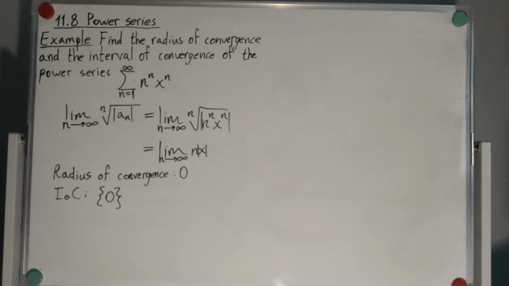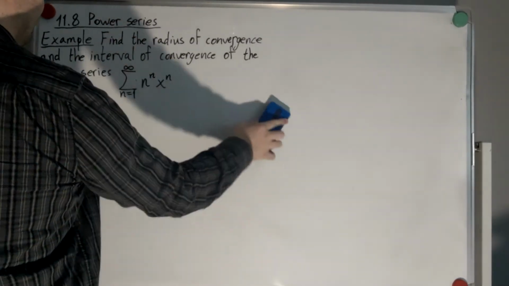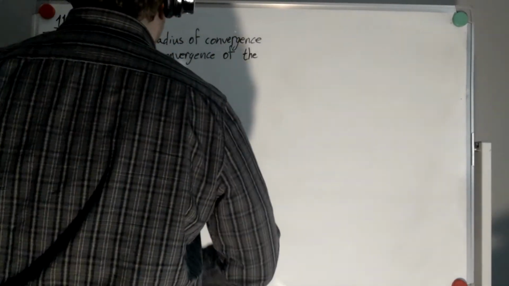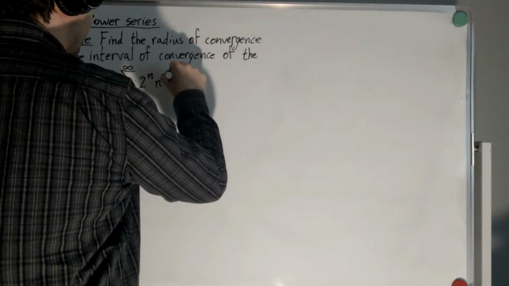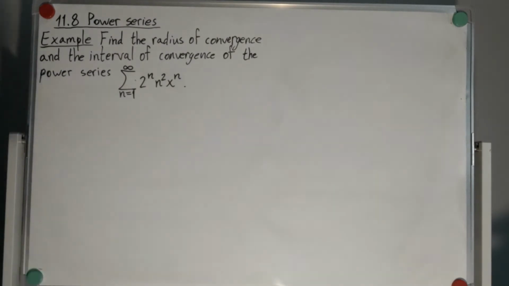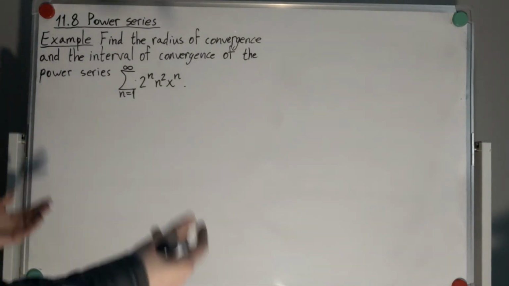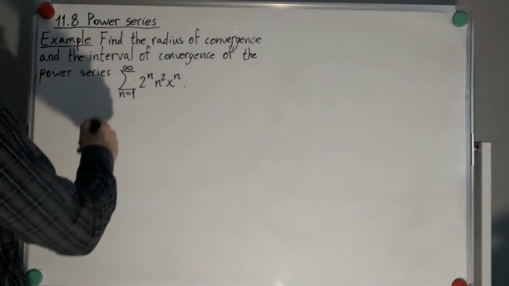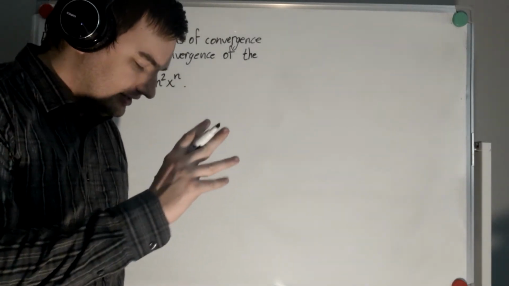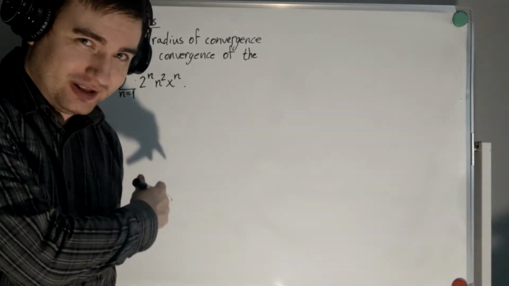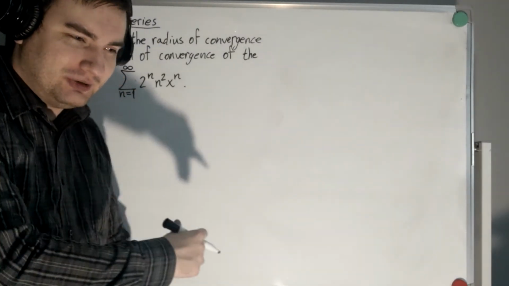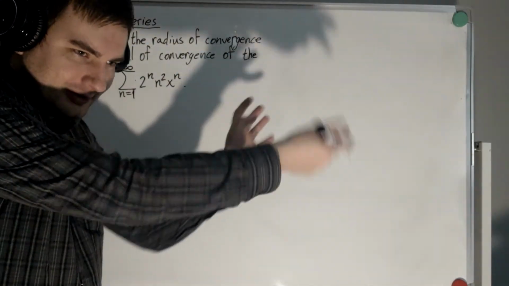All right, now let's see about 2^(n^2) times x^n. Ratio test. So I just want to point out, the thing that indicated for that last problem that you should use the root test rather than the ratio test is the fact that you had something dependent on n raised to something dependent on n.